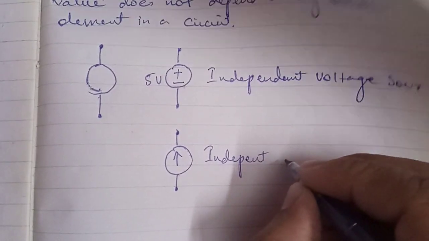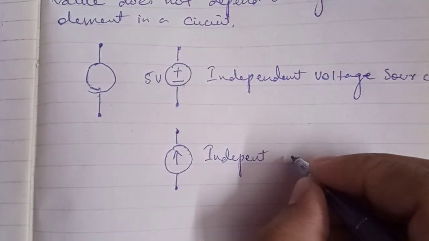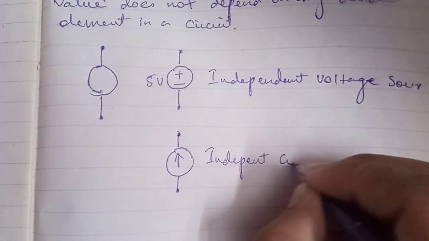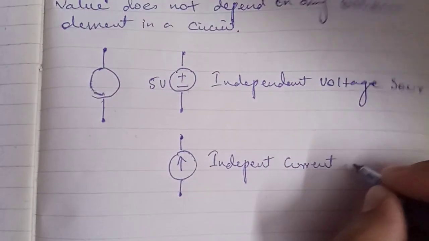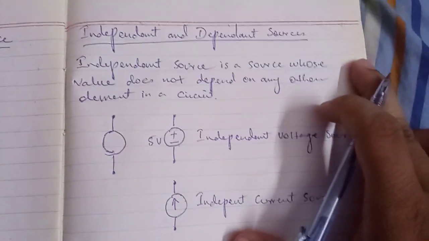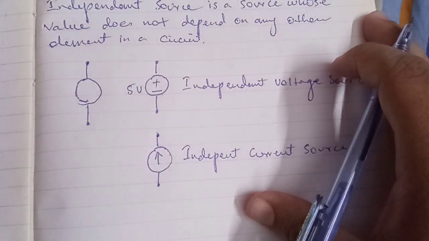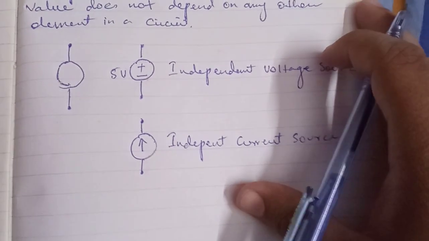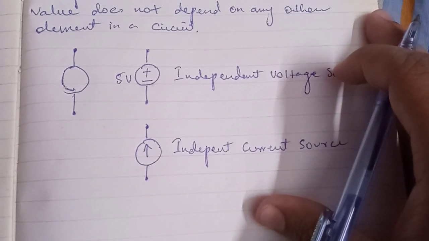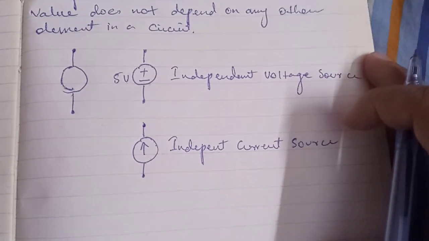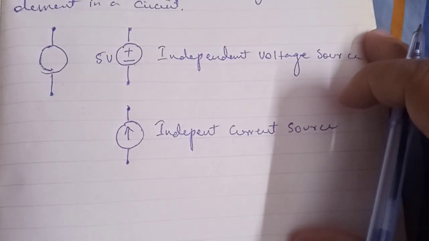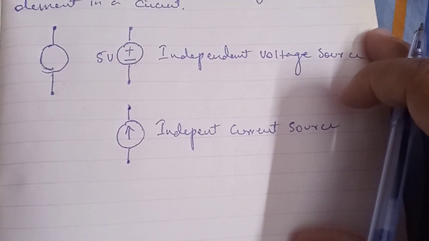Arrow always represents current because it's the symbol of current and shows the direction of current. So what's the identification of independent source? Independent source always has a round shape, and if you see the polarity, i.e. plus minus, in the shape, it's an independent voltage source, and if there is an arrow, then it means it's an independent current source.